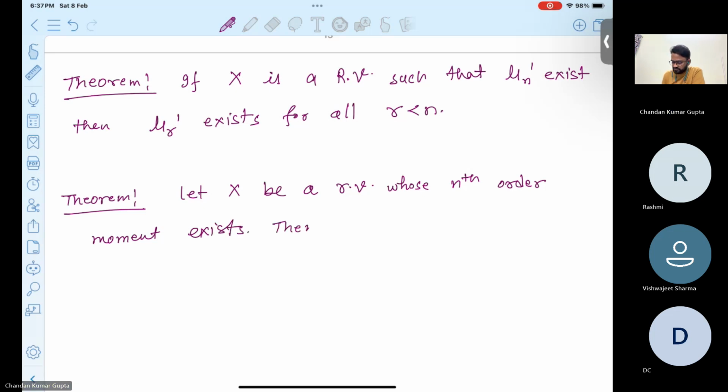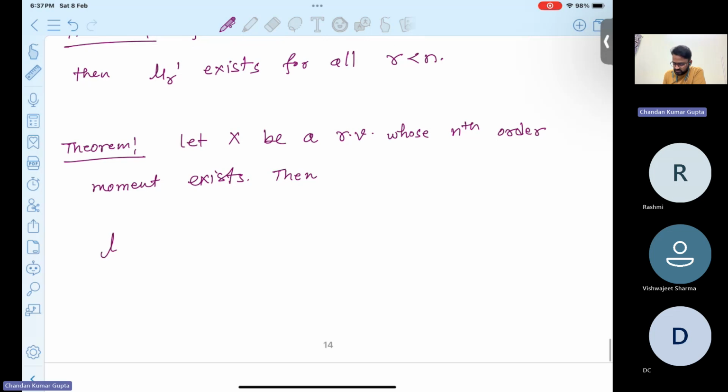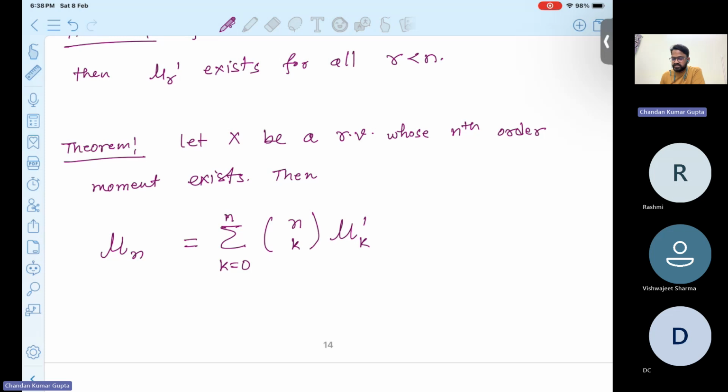Then the central nth order moment mu n is defined as the summation over k from 0 to n of nCk mu k dash, the non-central kth order moment, times minus mu1 dash to the power n minus k.